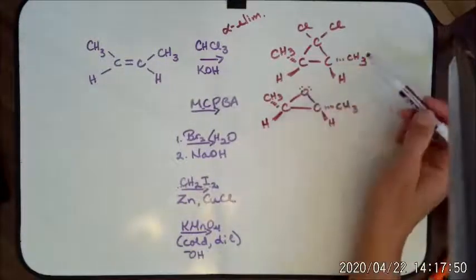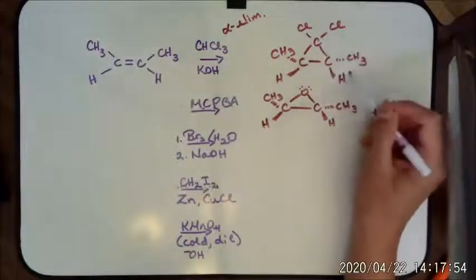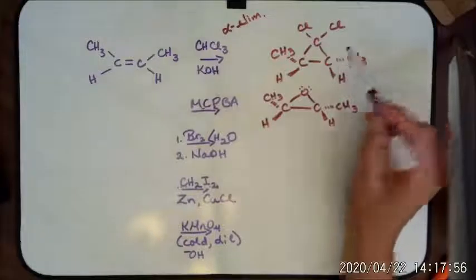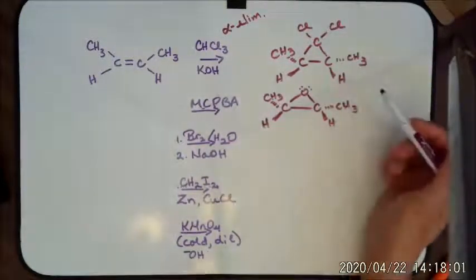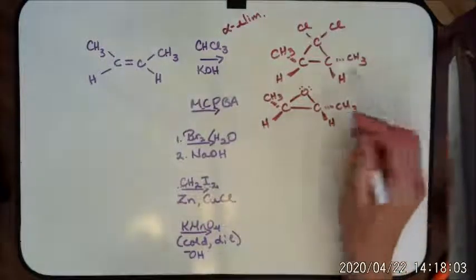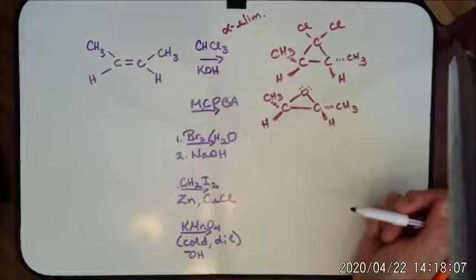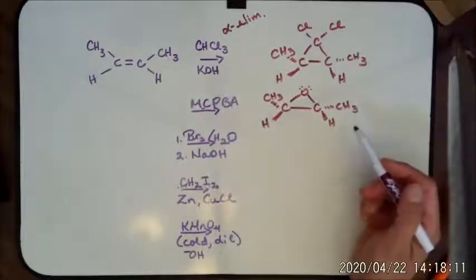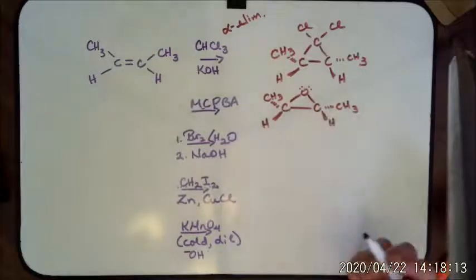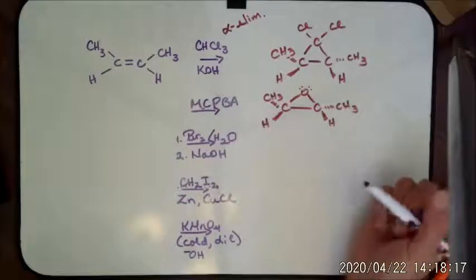However, I want you to note that when we draw our products, make sure you indicate cis, because that's the type of product you're going to get. If you draw just straight lines, that indicates you can get cis or trans. And as you know, because of the stereochemistry, the cis isomer that we started with, we're going to have the same cis orientation on our cyclopropane now, and our epoxide.